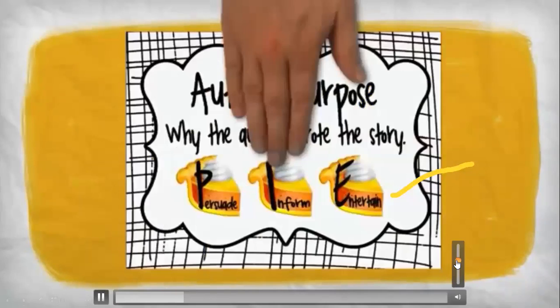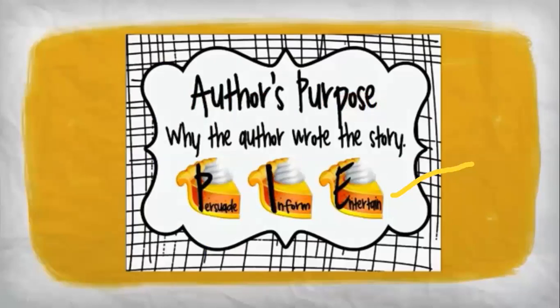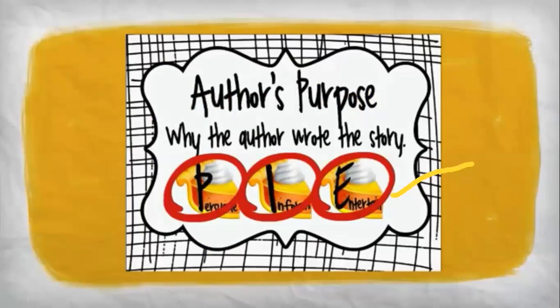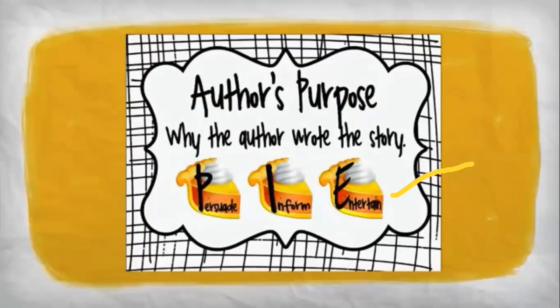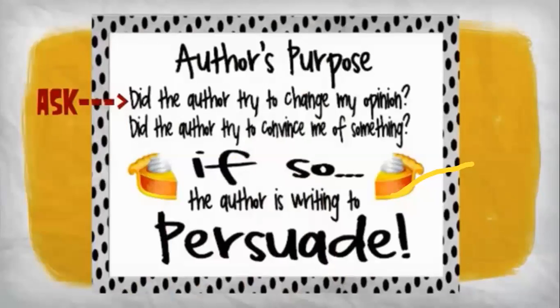About the text. Author's purpose is why the author wrote the story. He might have written it to persuade us, inform us, or even just entertain us. We have to look for clues in the story. Author's purpose. I need to ask myself, did the author try to change my opinion? Did the author try to convince me of something?